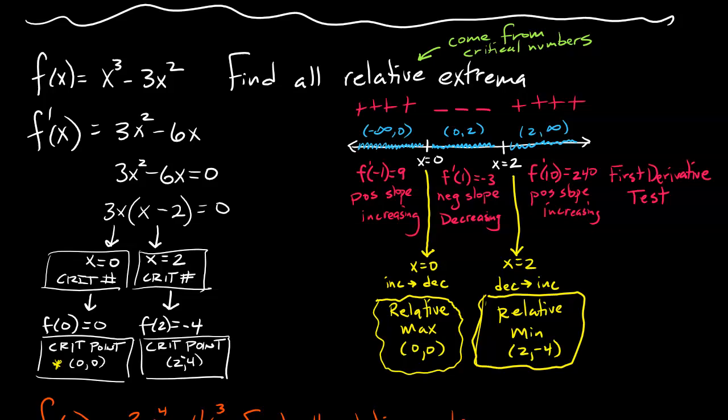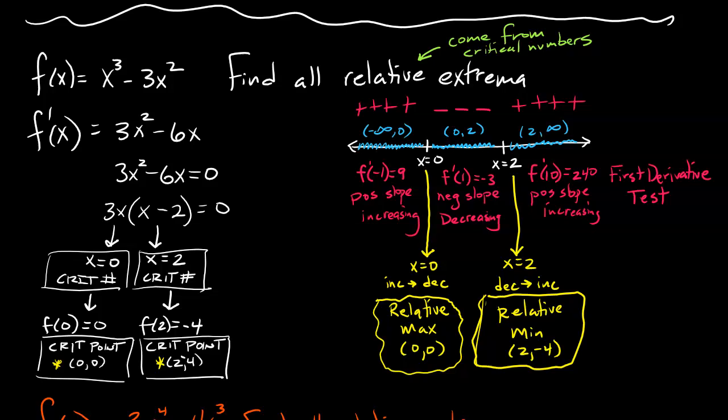There is no requirement on how many relative maxes or relative mins you're going to have. We can have none of them total. We could have multiple relative maxes. We could have multiple relative mins. Whatever you have is what you have. There is no requirement on a number of them.